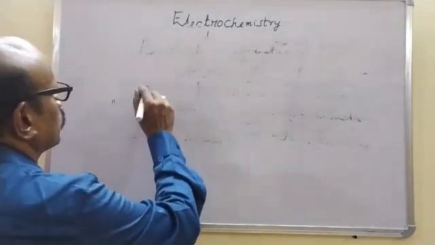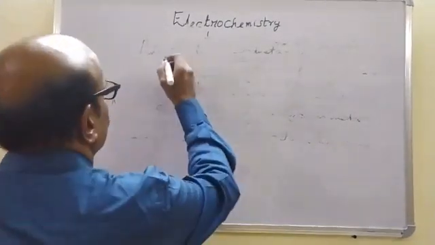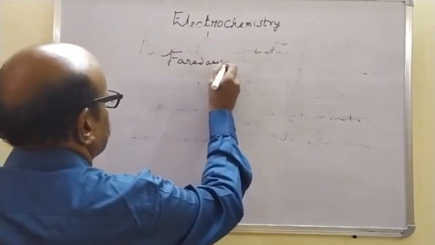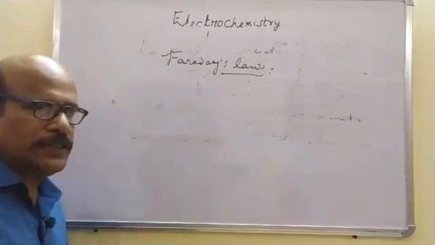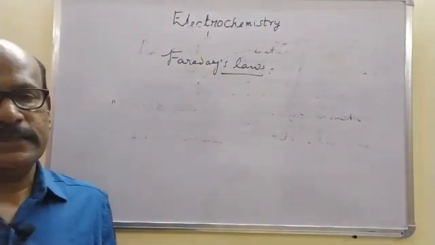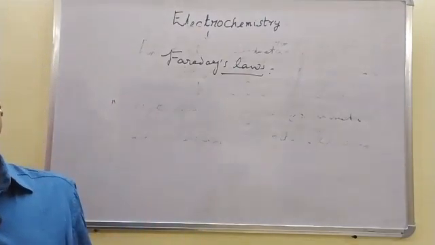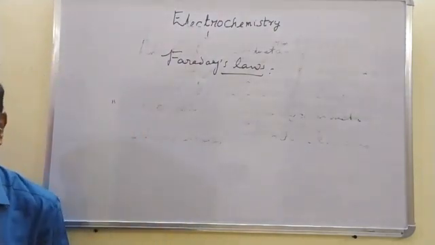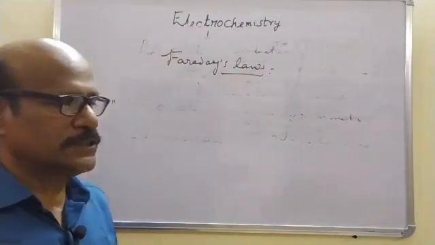Faraday's laws. It's very simple. These are all elementary ideas. The quantitative law governing the relation between the amount of chemical change and the quantity of electricity is given by Faraday's laws.